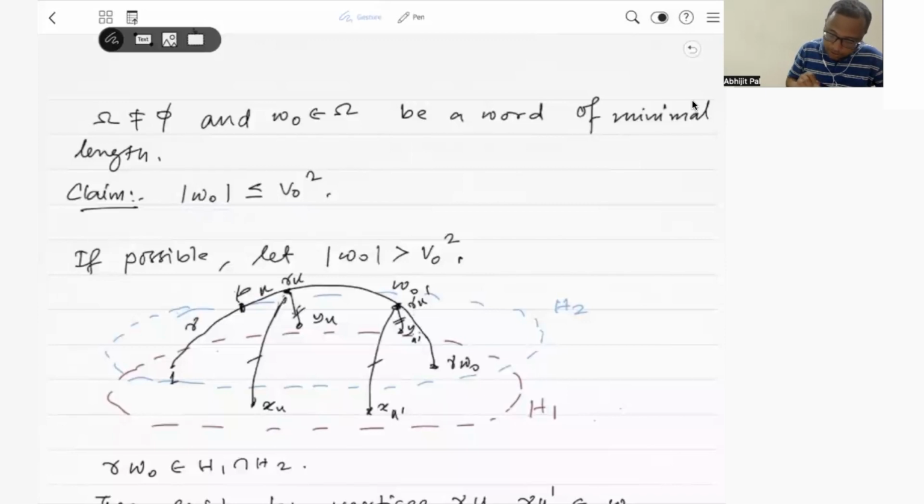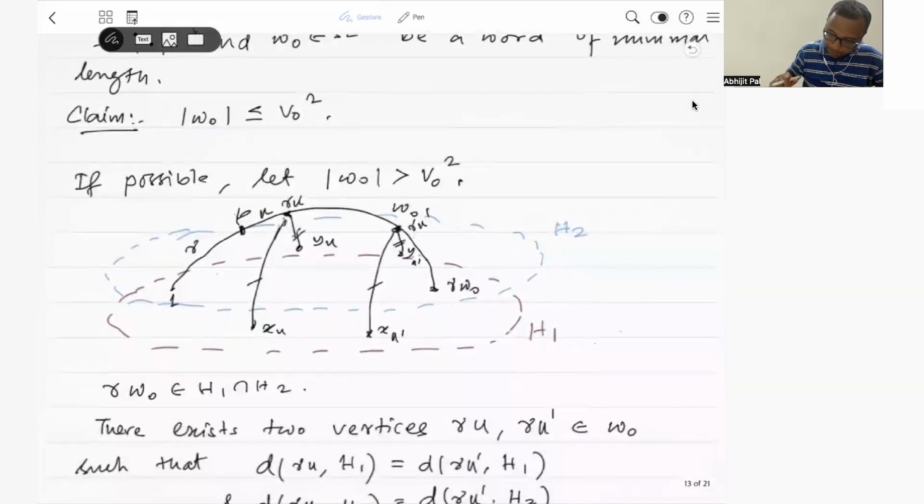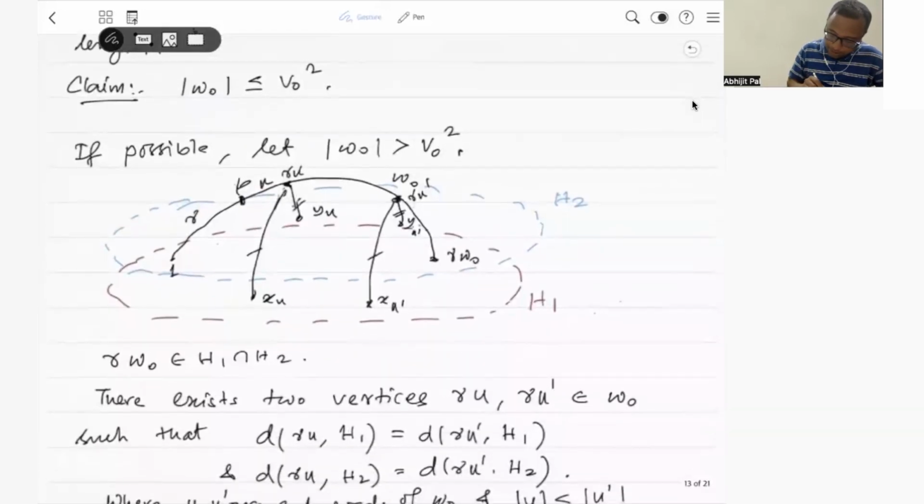So if possible, let the length of W naught be strictly greater than V naught square. So then, by the definition of omega, gamma W naught belongs to H1 intersection H2.